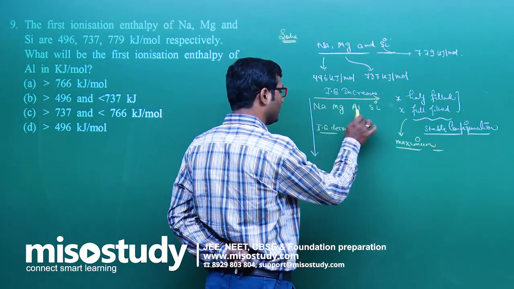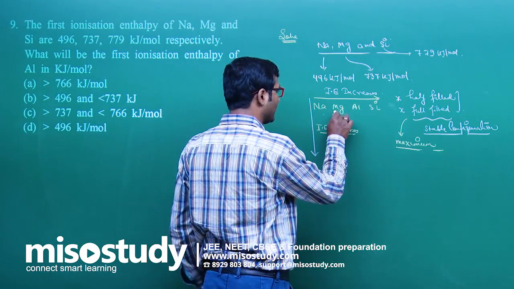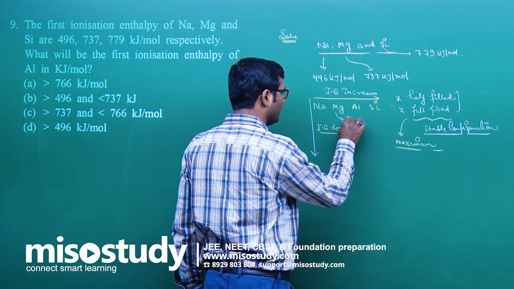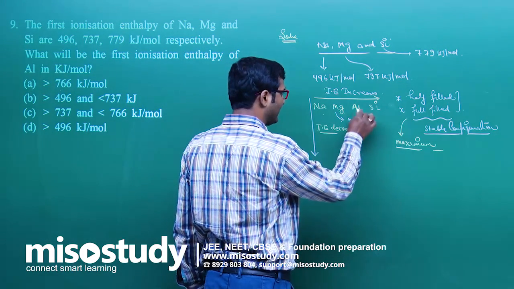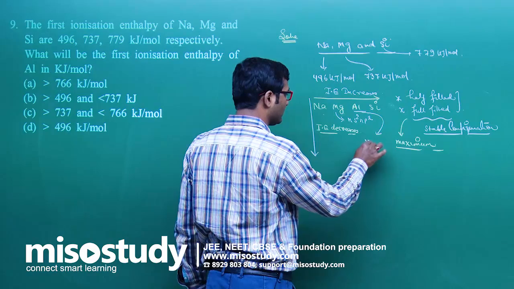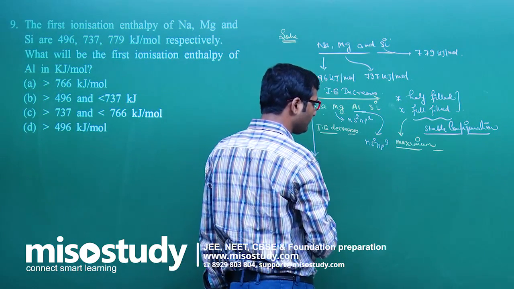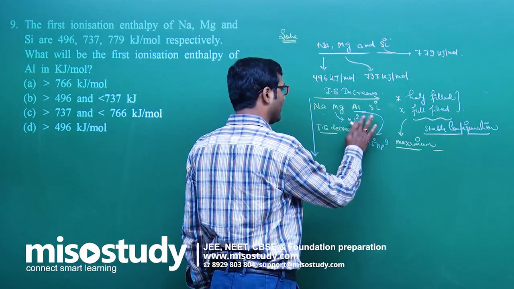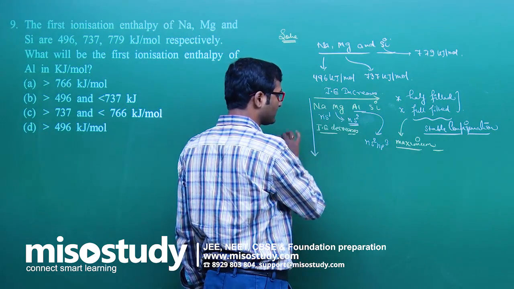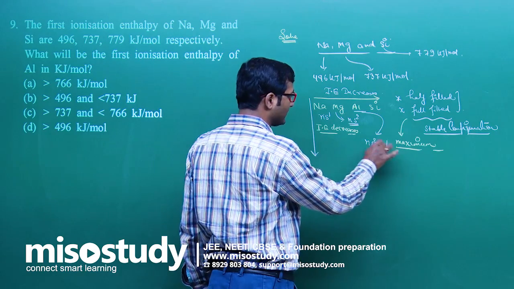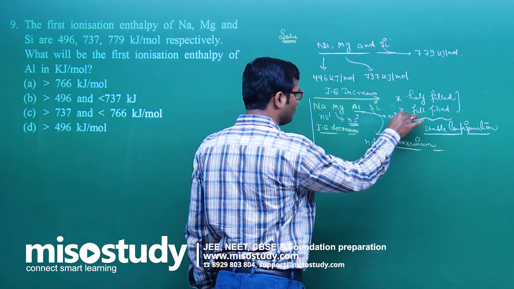So here if we compare Na, Mg, Al, Si: Mg has electronic configuration ns2, Na has ns1, Al has ns2 np1, and silicon has ns2 np2.